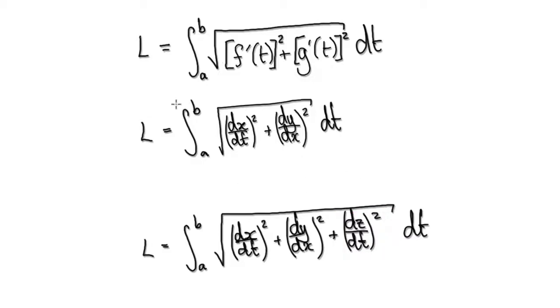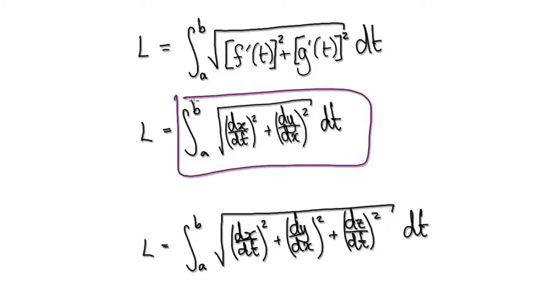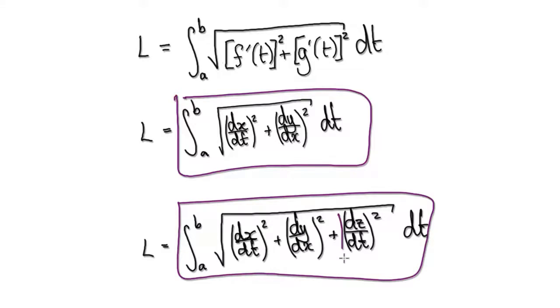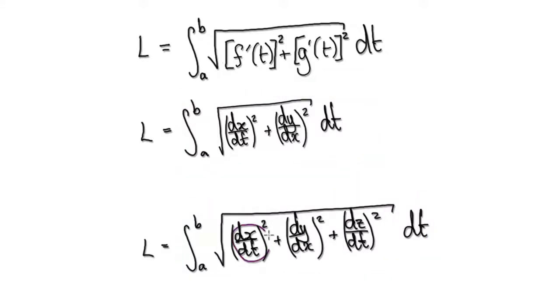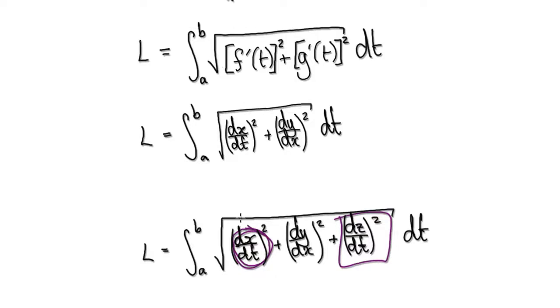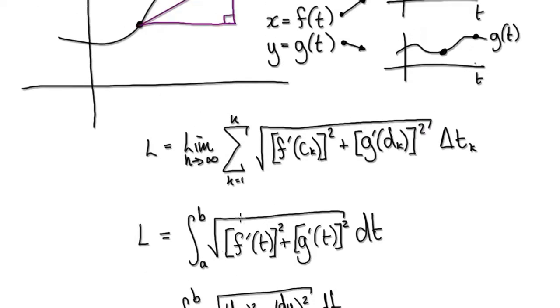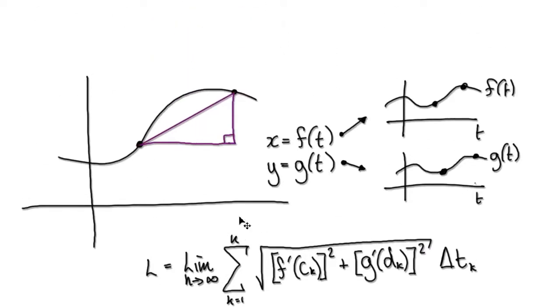At the moment, the arc length in 2D is given by this. In 3D, it's given by this. Everything's exactly the same, but then you add this element here. So let's try and understand why you can just stick this bit on right at the end. So going back to here, remember, for a small change in time, this height here represents this thing here.